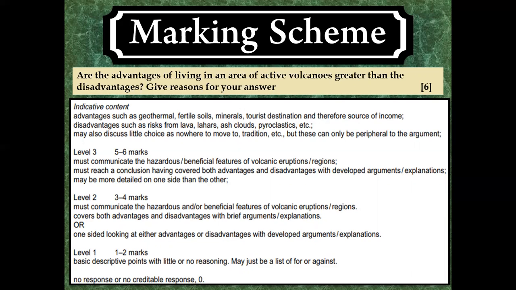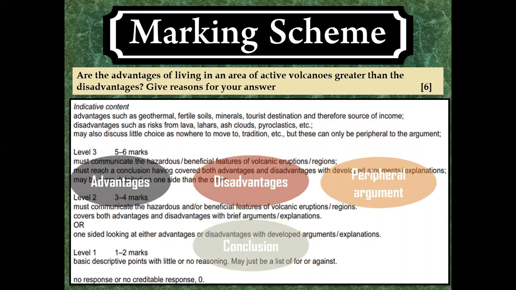We also discuss limited choice, such as nowhere to move to. These are peripheral arguments. So in the marking scheme, the four components are very explicitly explained: advantages, disadvantages, peripheral argument and conclusions.